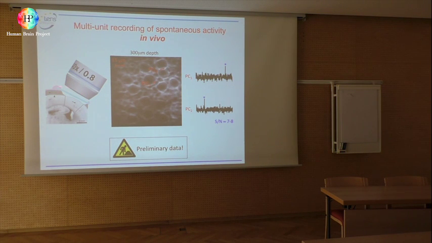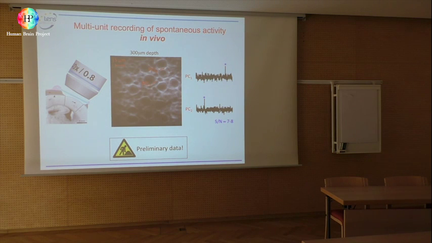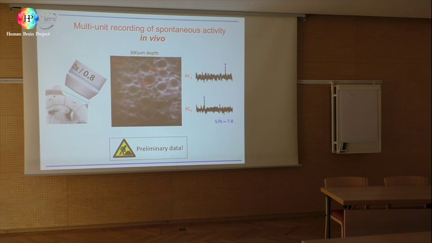You make bulk loading, so these voltage sensitive dyes can be loaded just by putting a drop on the dura, and then it's absorbed. It's a water soluble dye, and it goes into the membrane. Then, always doing the same random access approach, you can go deep and visualize a single neuron action potential in spontaneous activity.